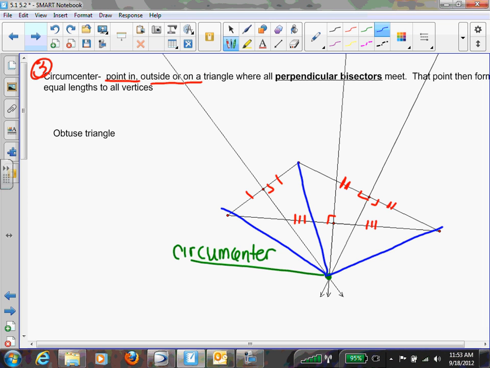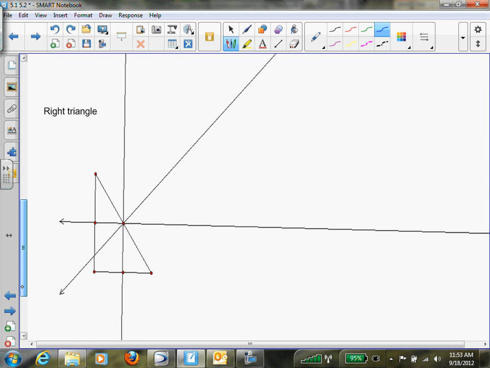So this is an obtuse triangle, and where does the circumcenter fall? Well, just outside. Okay? Then we have a right triangle. Again, we're going to have three perpendicular segments. And in a right triangle, if you can look up here and just follow me.